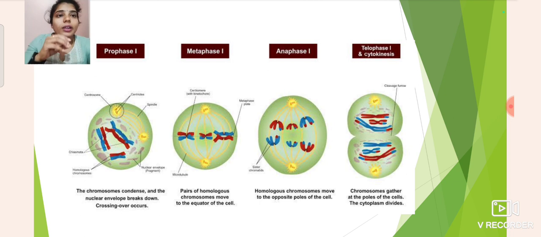In anaphase, all the chromosomes move towards the polar regions equally, but the centromere does not divide. There is a small piece of information here: only the chromosomes move towards the polar regions, not the centromere.